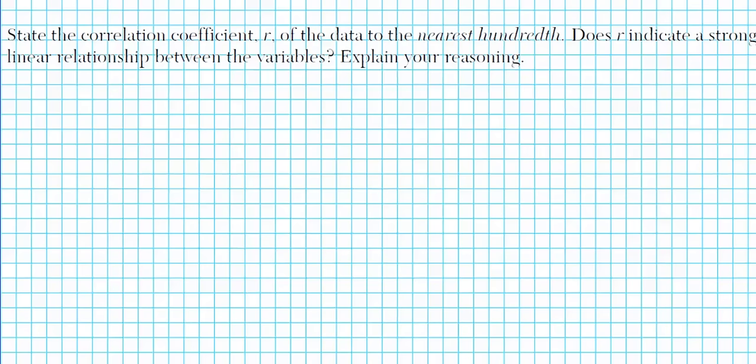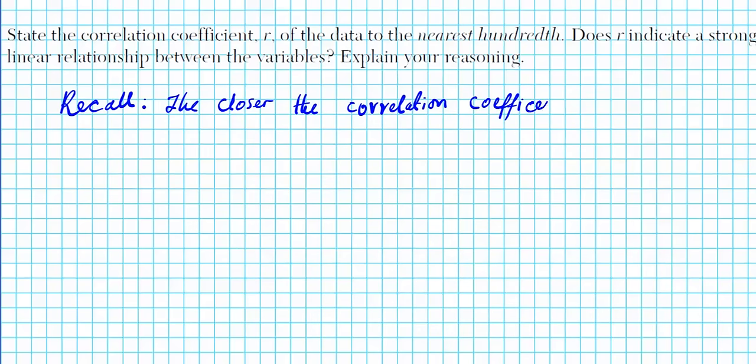Okay, so one thing you want to recall is that the closer the correlation coefficient r is to 1 or -1, the stronger the correlation. Okay? The stronger the correlation.